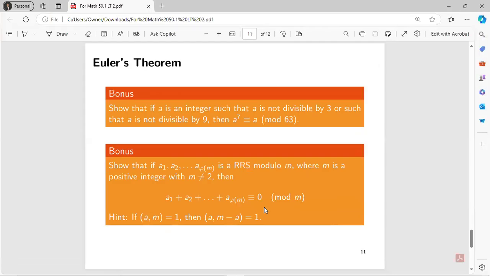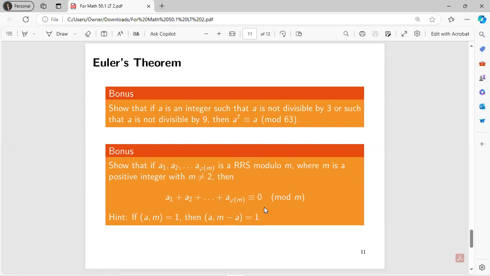So we still have the last 3 problems here. And I don't know how long this will take. So, show that if A is an integer such that A is not divisible by 3 or such that A is not divisible by 9, then A to the 7 is congruent to A mod 63.